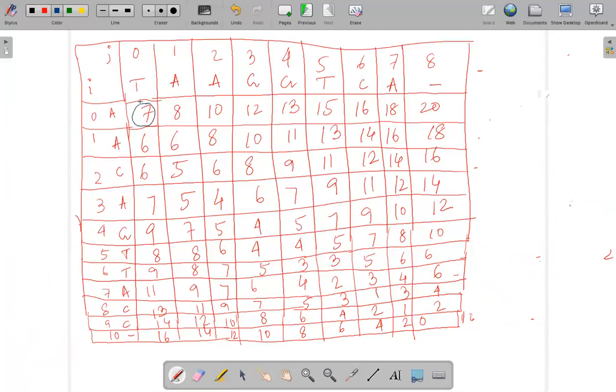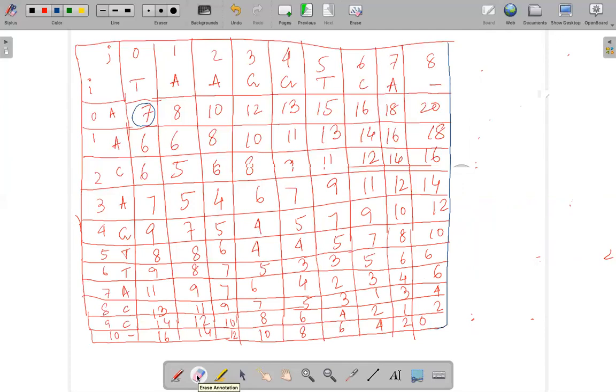The optimal cost for the alignment is 7, which we already know. Can we use this table to further compute the exact optimal alignment? Let's see.